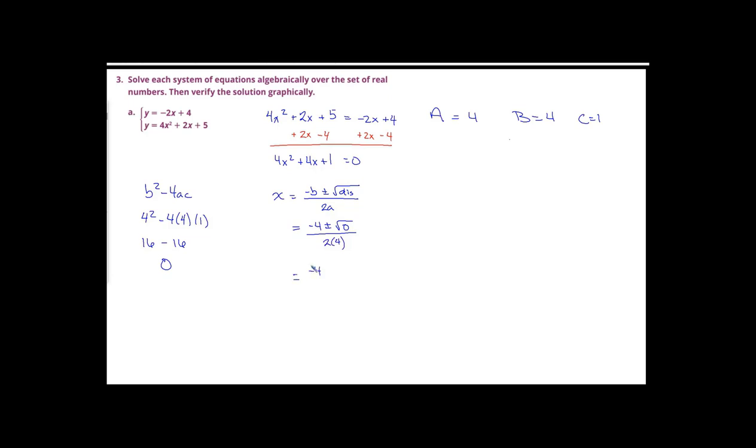So negative 4 plus or minus the square root of 0. It doesn't matter whether I add or subtract 0. It doesn't change the number, so I do not need to write that. All divided by 8. And so I have negative 1/2 as my x.